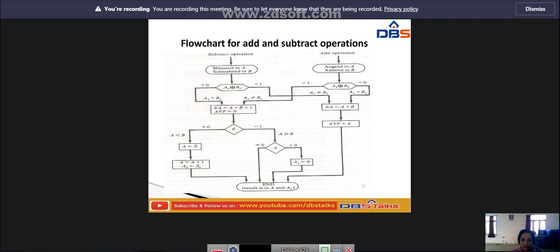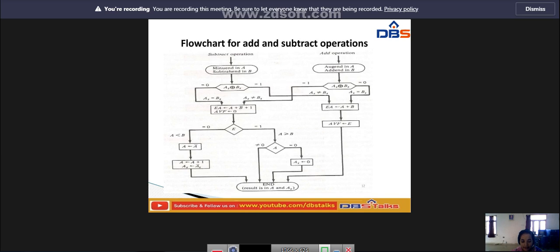For a subtract operation, I am taking the two magnitudes A and B, where A is the minuend in A and the subtrahend in B. For the add operation, the augend is in A and the addend in B. Here I am providing an exclusive OR gate between the two signs, AS and BS.